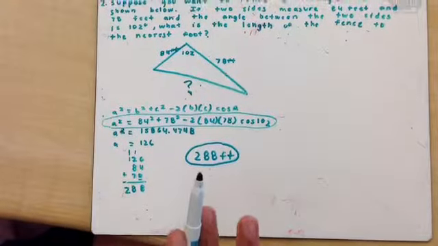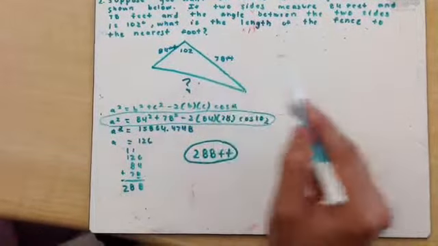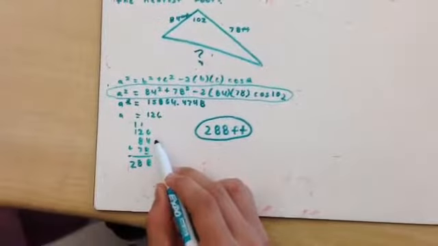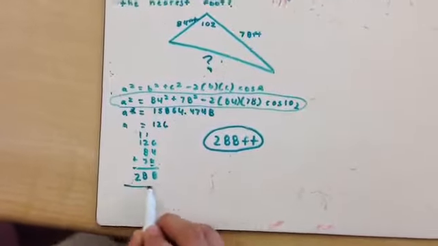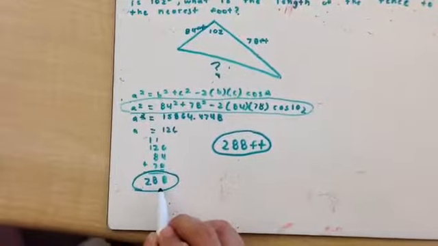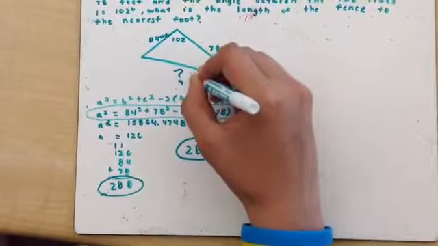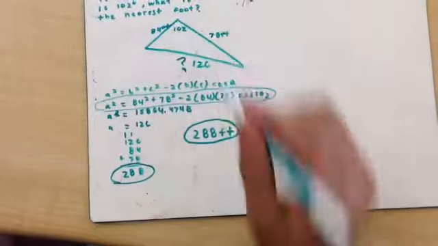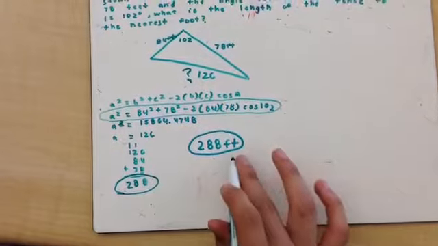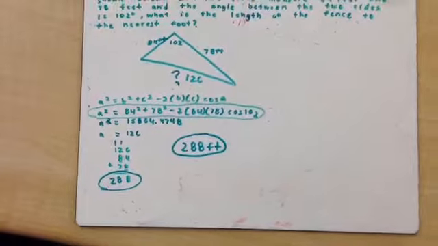But we're not done there either. You have to add all the sides together. And once you add all the sides, you're going to get 288. So once you find all the sides, all you have to do is add them, and you get this. And so 280 feet, that's your answer.